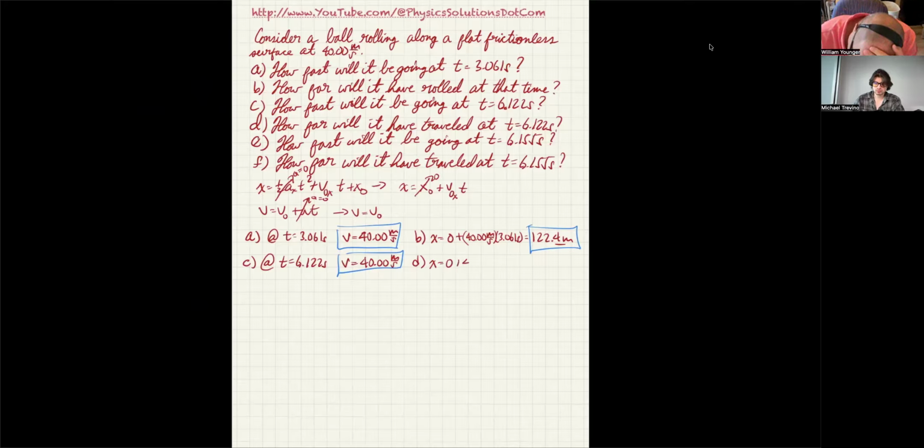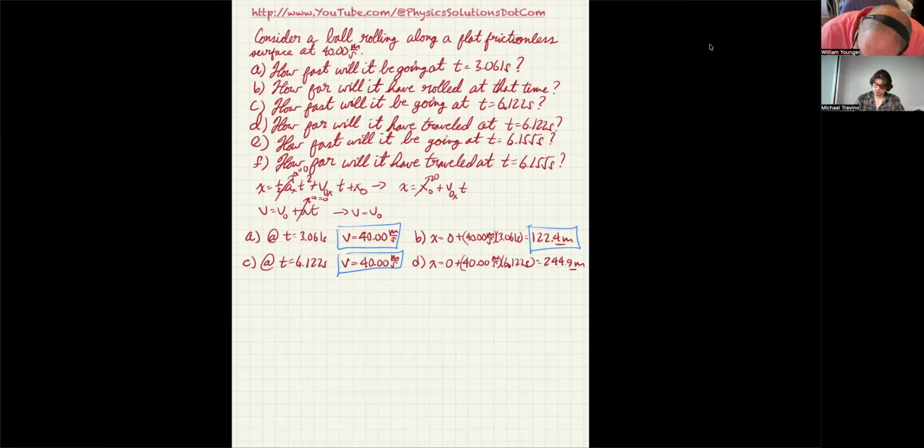But in this case, it's just going to be 40.00 meters per second times 6.122 seconds, like that. And that's going to be 40 times 6.122 gives me 244.9 meters.